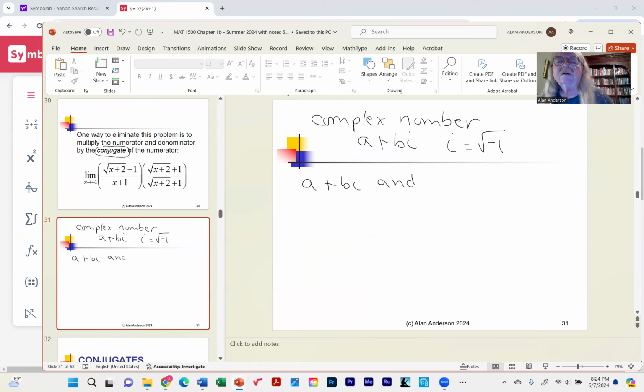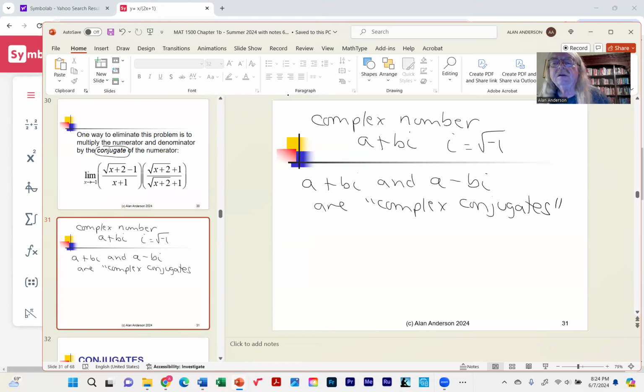This term and this one, where they only differ by the sign in the middle, are said to be complex conjugates.